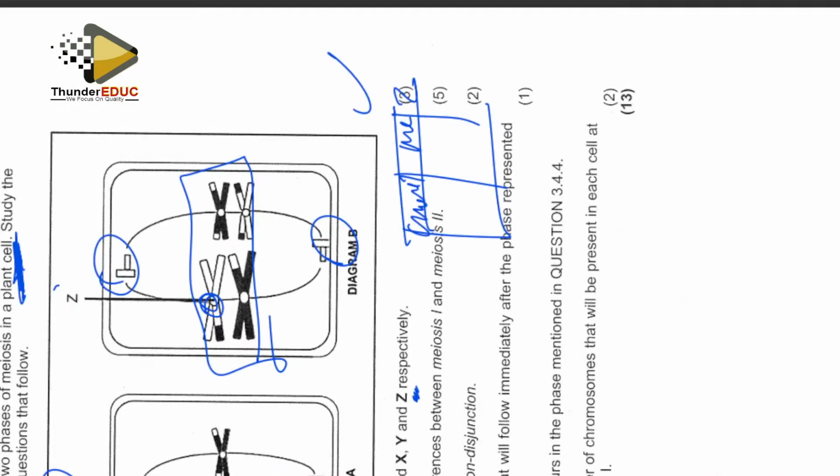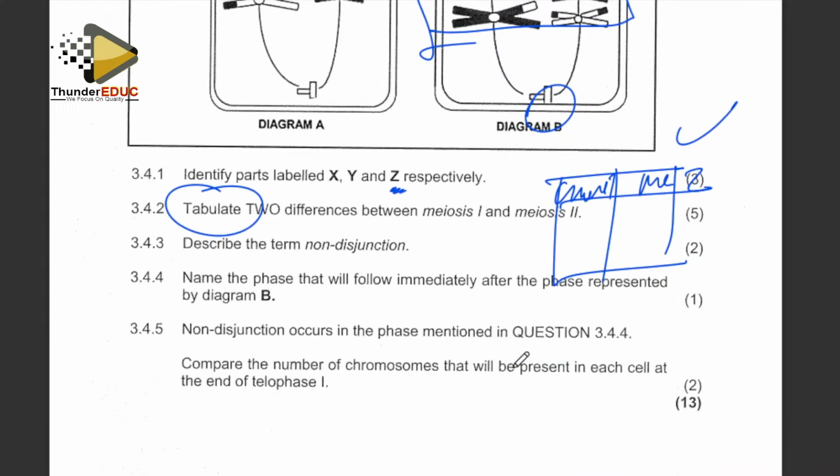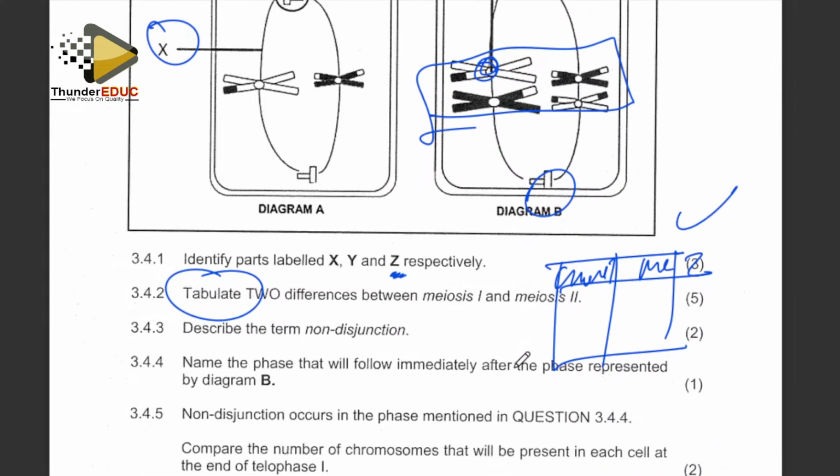Let me put it back. Which follows B? Meaning that it is anaphase 1.